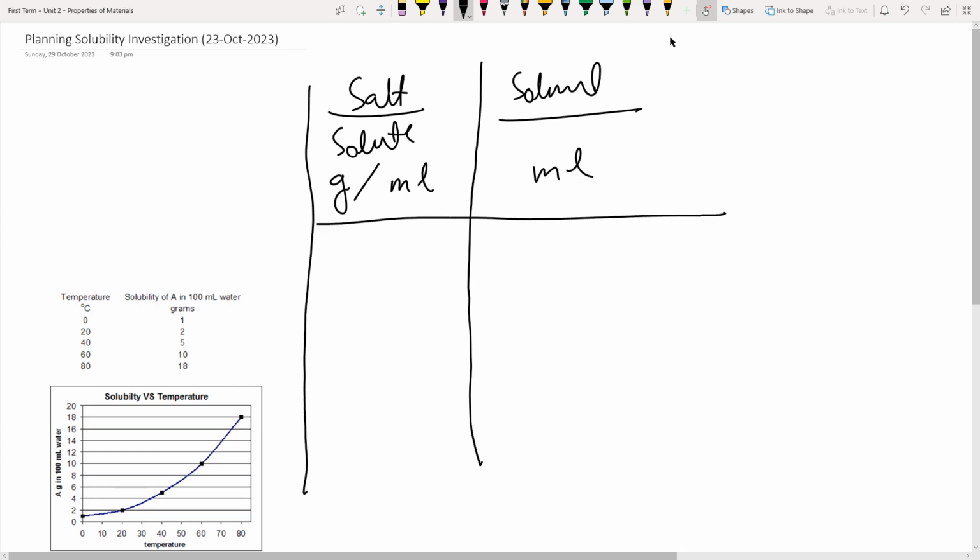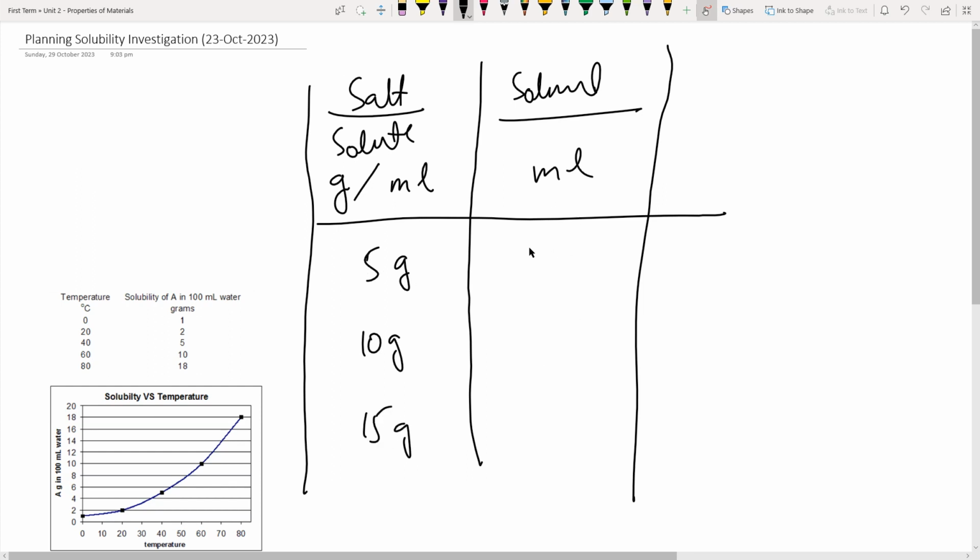So let's just say how it works. We've got 5 grams, then I took 10 grams, then I took 15 grams, and the solvent that I'm using is 100 centimeter cube.